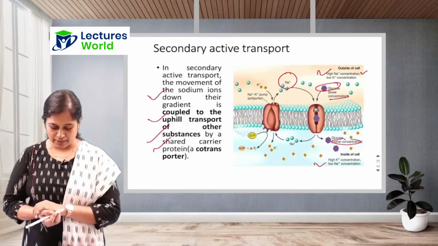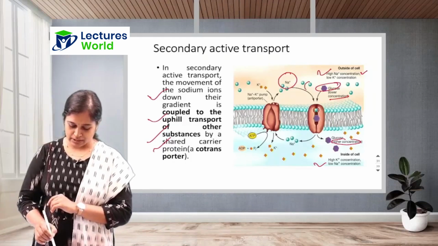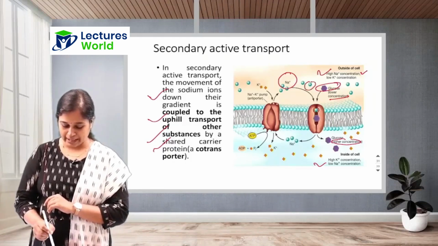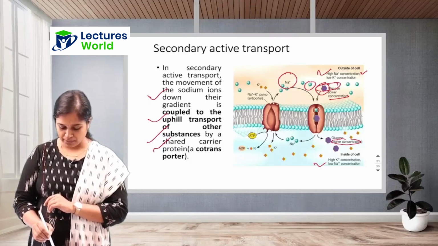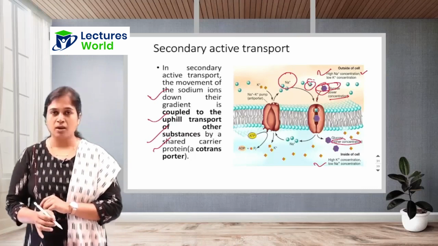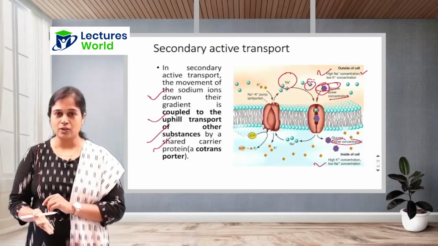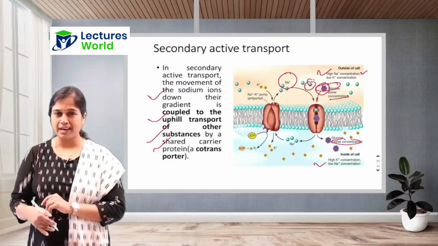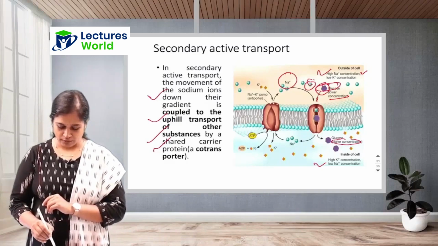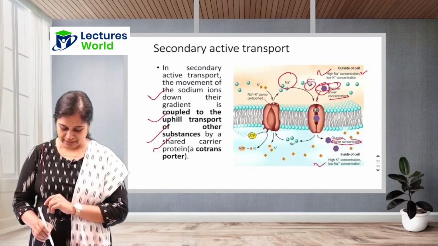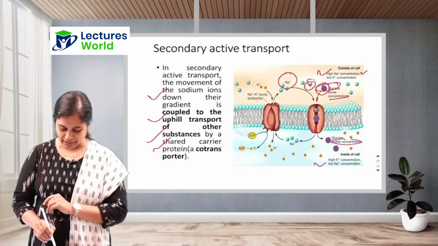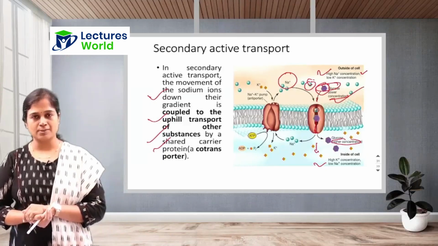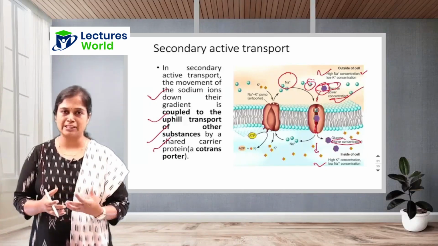So what happens over here? This sodium will engage with the glucose molecules with the help of a carrier protein. The sodium molecule will move down the concentration gradient and the glucose molecule will move against the concentration gradient. So with this, sodium will carry this molecule inside the cell. This is an example of secondary active transport. So what happens in secondary active transport?